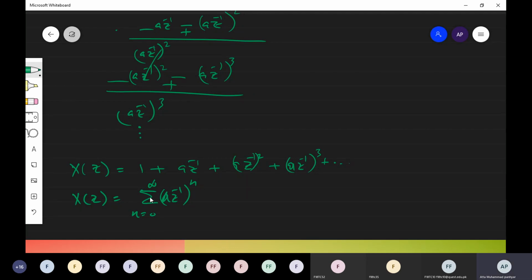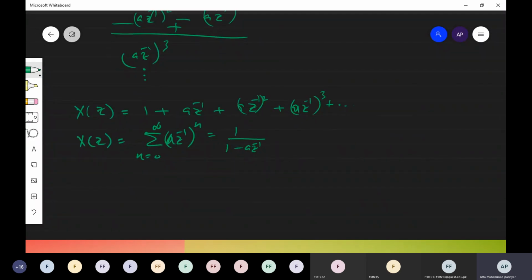If you remember, this is equal to 1 upon 1 minus a z inverse, right? And if you take the inverse z transform of this sequence, then this must be equal to a power n u of n.